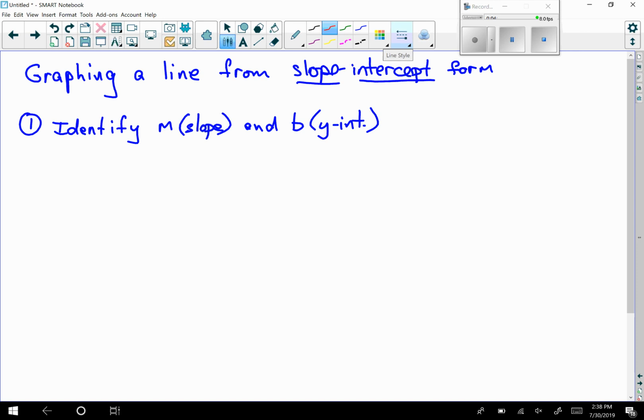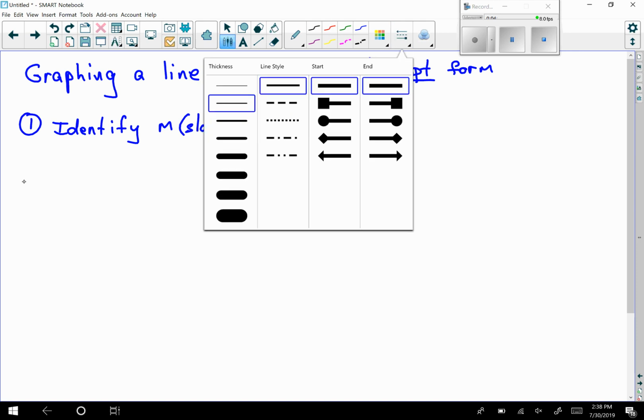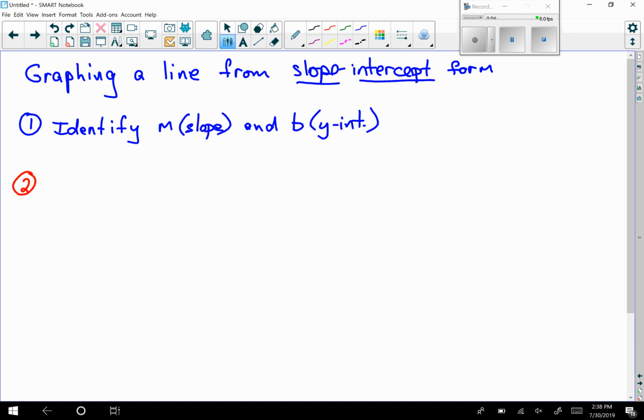Step 2 is we're going to start by plotting the y-intercept on our graph. I like to say we begin with B. So we want to plot the y-intercept on the y-axis.